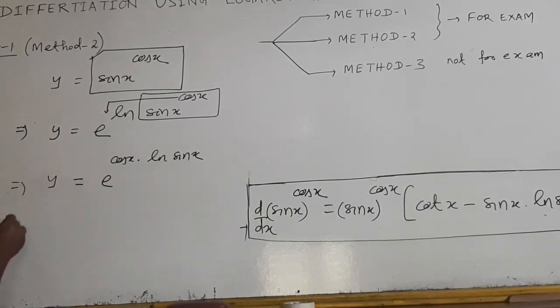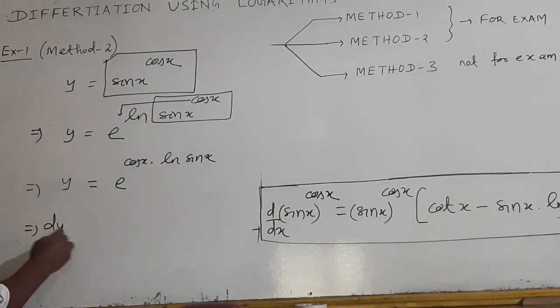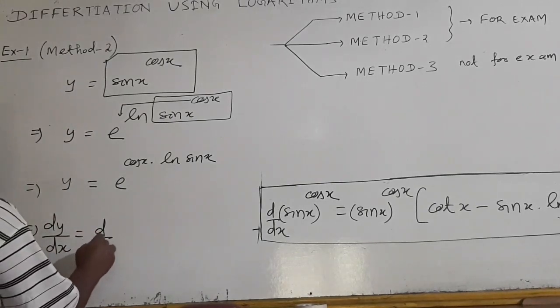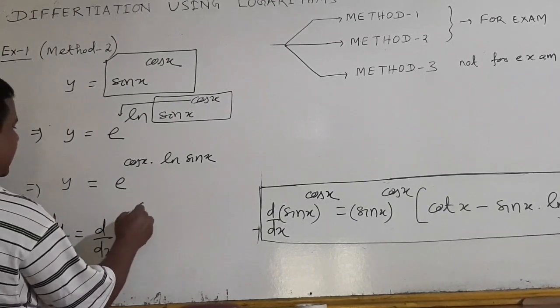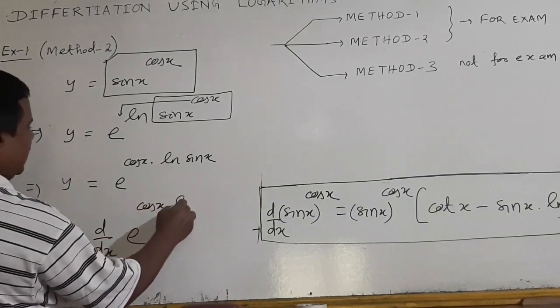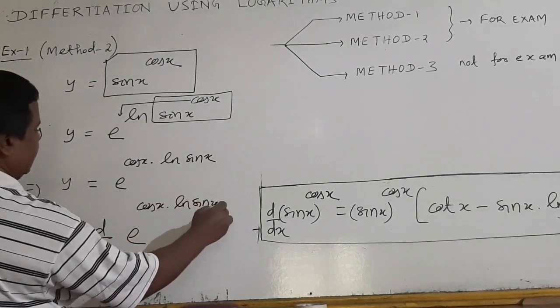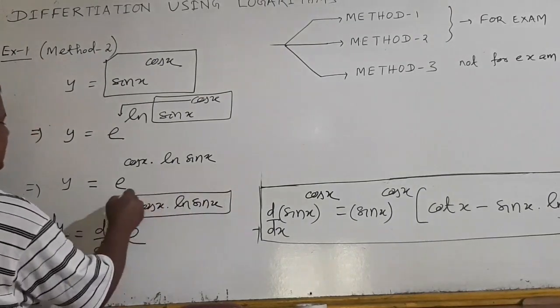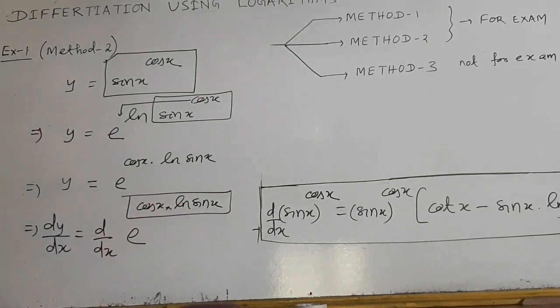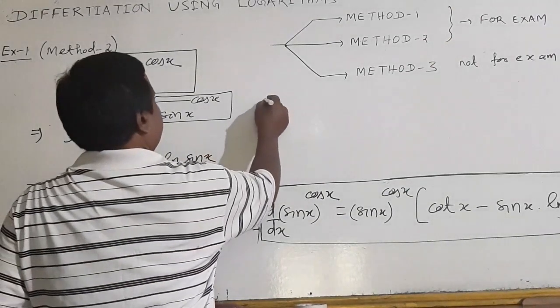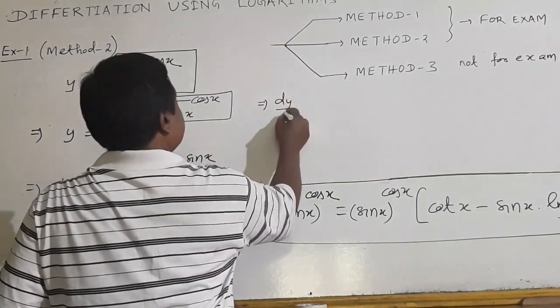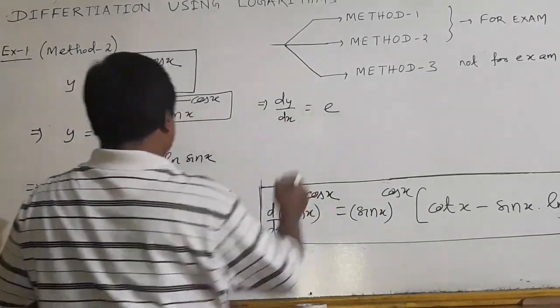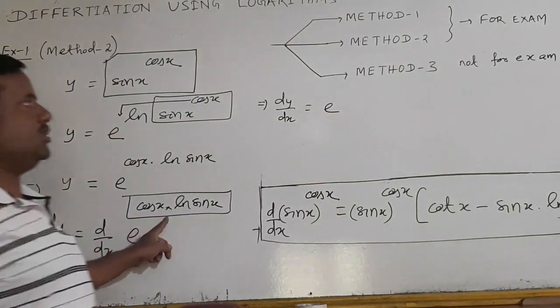Now what is dy by dx? The formula is d by dx of e to the power cos x into ln sin x. How many things are there? Two things are there. If d by dx of e to the power box, then the derivative is e to the power box into d by dx of the box.